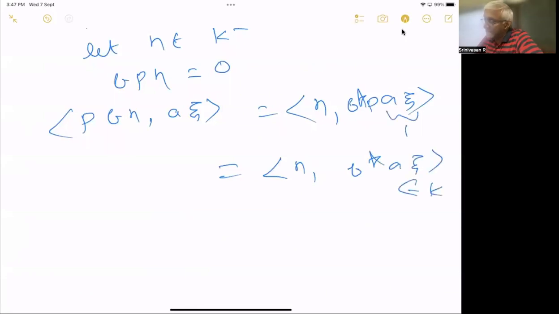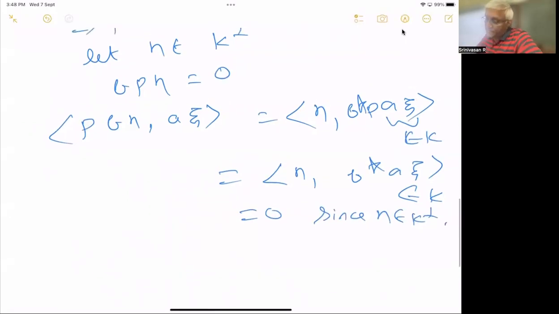This is in K, so P acting on it is the identity. So it becomes A psi, and this becomes B star A psi. But that is also in K, and eta is in the orthogonal complement of K. So this is equal to 0, since eta is in K perp. So we have proved that PB eta is equal to 0.